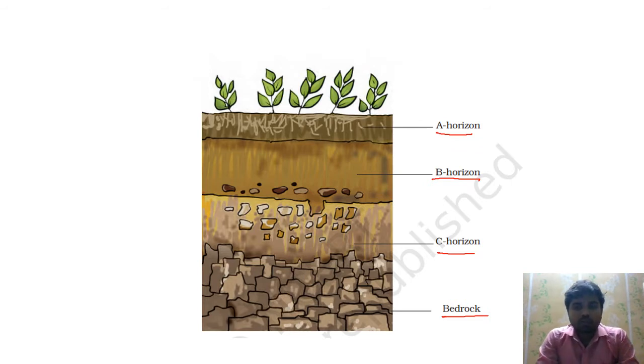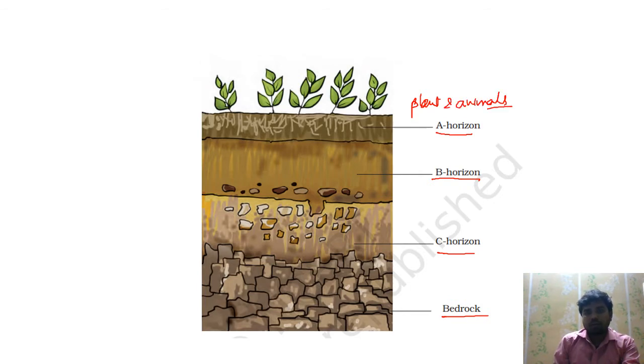Now we will discuss each horizon. In the A horizon, mainly different plants and animals live, and this layer is appropriate for the growth of plants. In the B horizon, it is a little bit harder layer, harder than the A horizon.